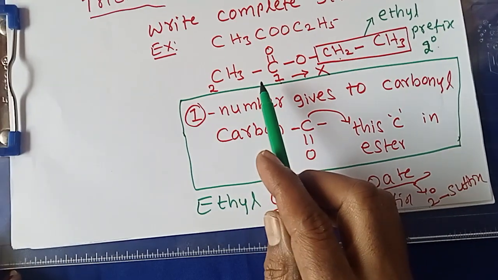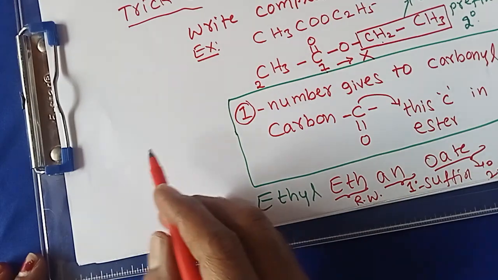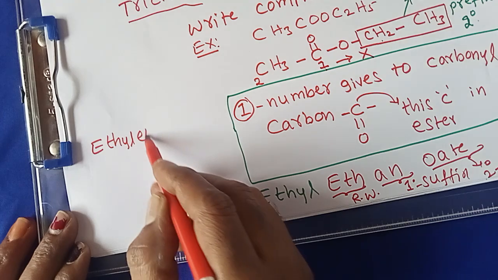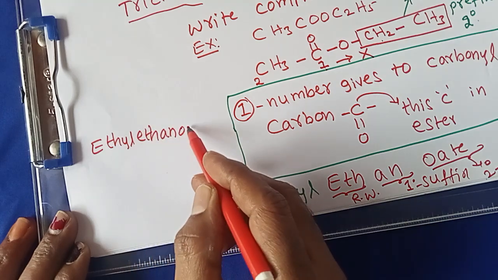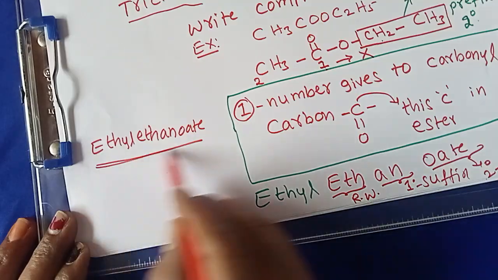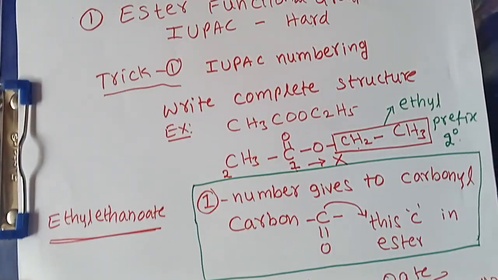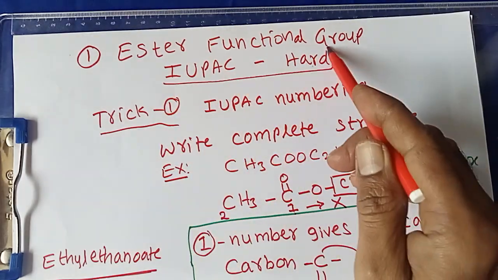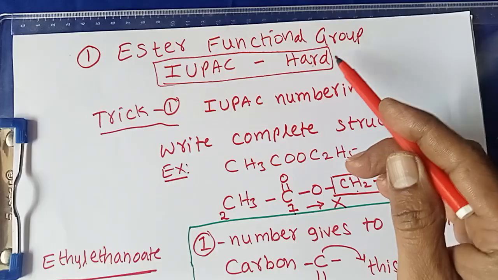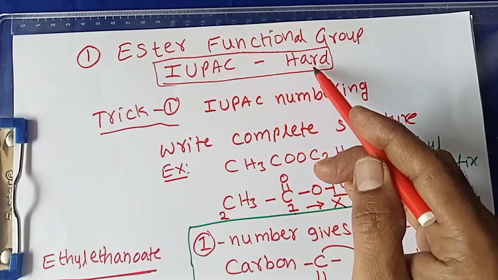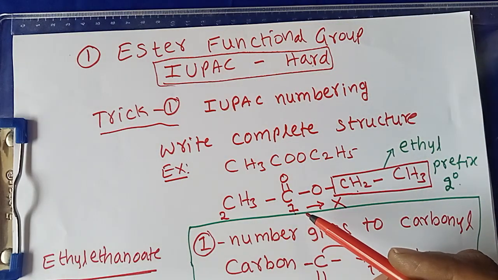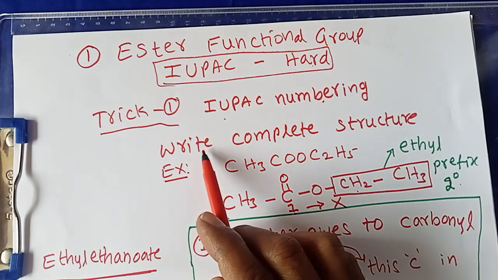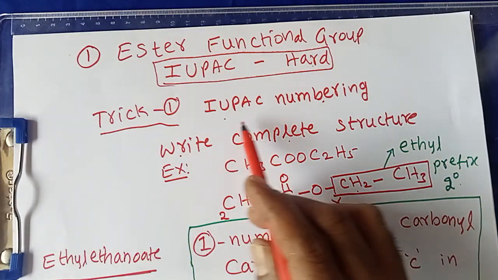If you want this compound's full name, simply write ethyl ethanoate. This is the reason why IUPAC names of ester functional groups are very hard: first, identification of the parent chain is hard.